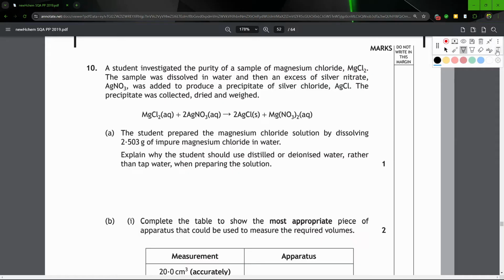So what we would basically say is tap water contains impurities.